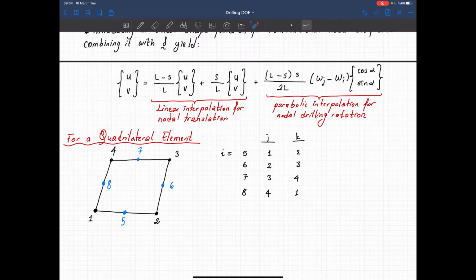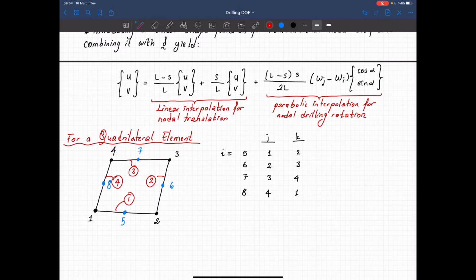So what I did here is I just related the mid-edge node with edge 1-2. I represents the points at the mid-edge locations, and the j, k couple will represent the edges defined by the start node and the end node. So this is the start node for the edge, this is the end node for the edge, and we can say that this is edge 1, edge 2, edge 3 and edge 4.